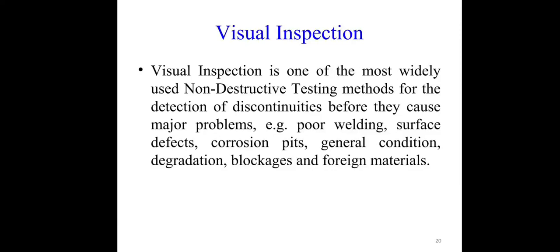Visual inspection is one of the most widely used non-destructive testing methods for detection of discontinuities before they cause major problems. Examples: poor welding, surface defect, corrosion pit, general condition, degradation, blockage, and foreign material.